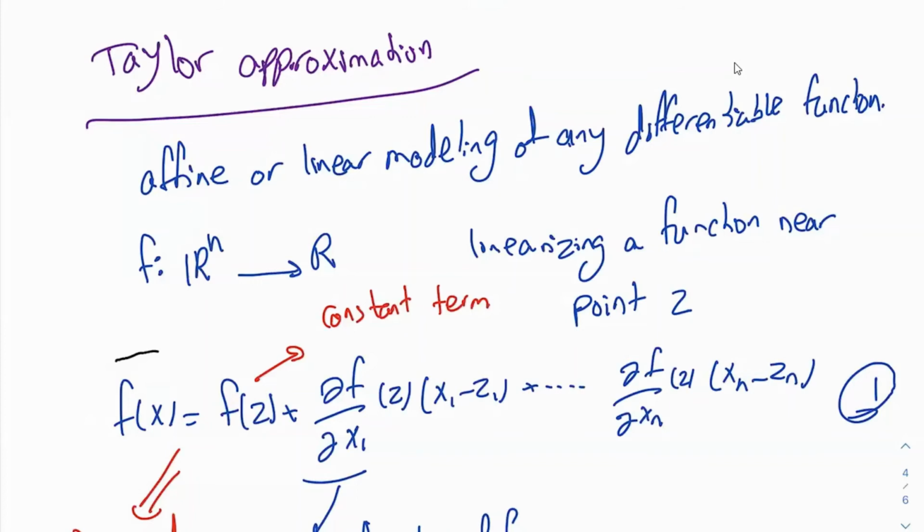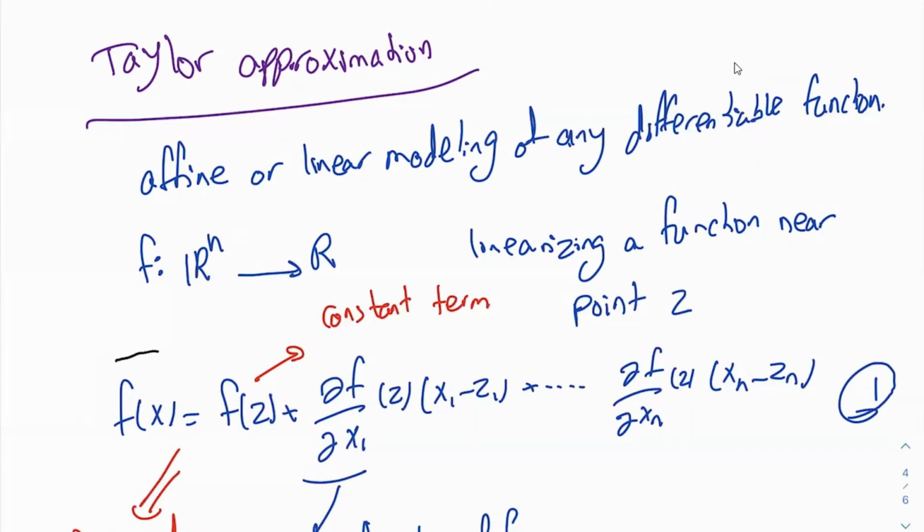So we don't use a d operator, we use the round symbol: round f, round x1, calculated at the point z, times x1 minus z1, plus round f, round xn, calculated at z, times xn minus zn.